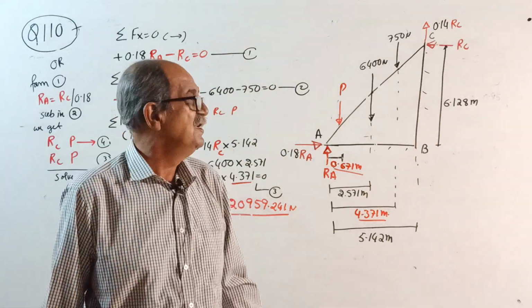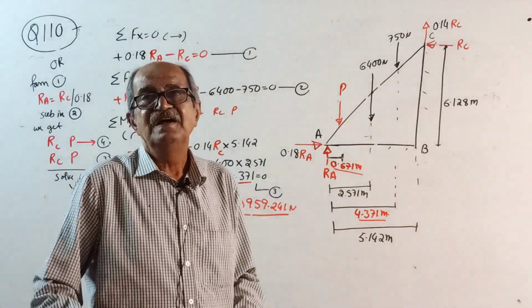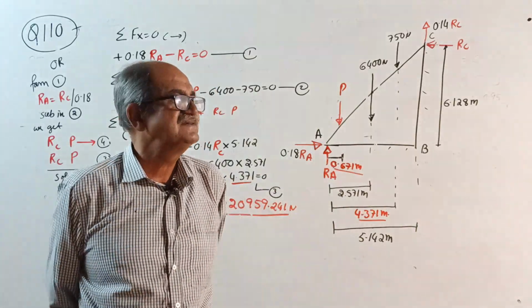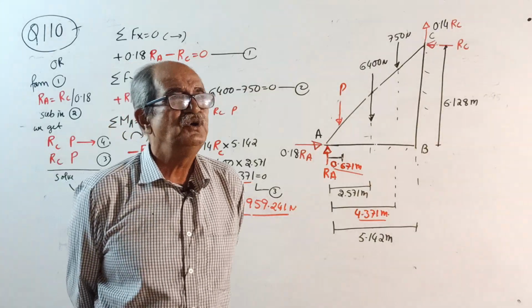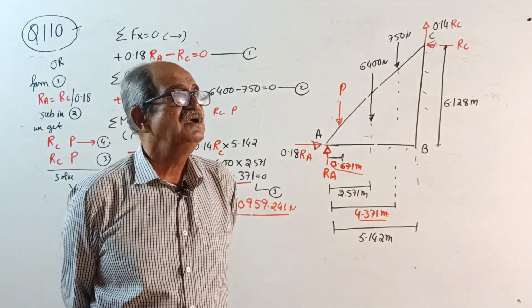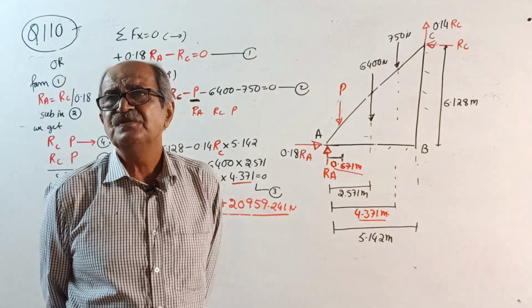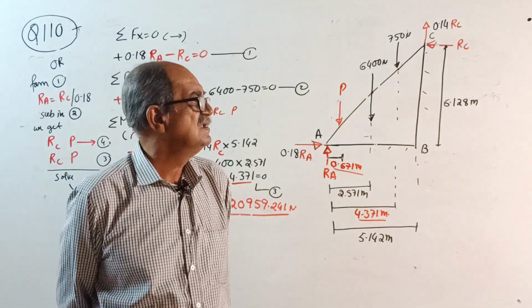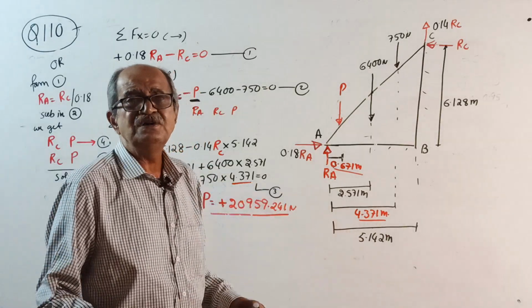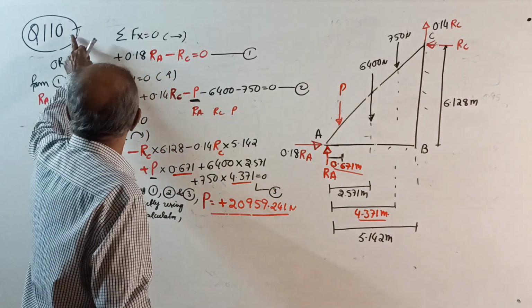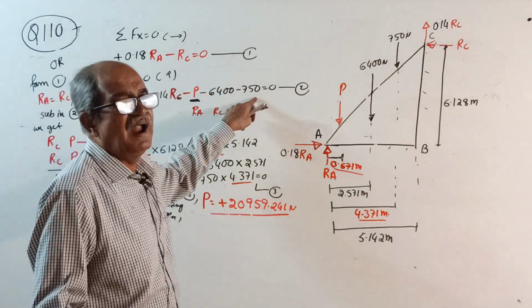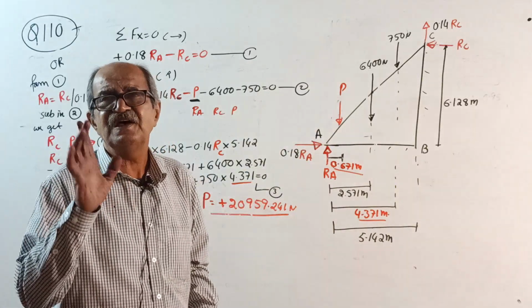The answer is very simple. Find the reaction, reverse it and apply. That's all. I will make a note for you. You should be careful: if limiting is not given, friction is not proportional to normal reaction. So those questions, 110 over, 111, 112, 113, in the last class, I will finish in a single class.